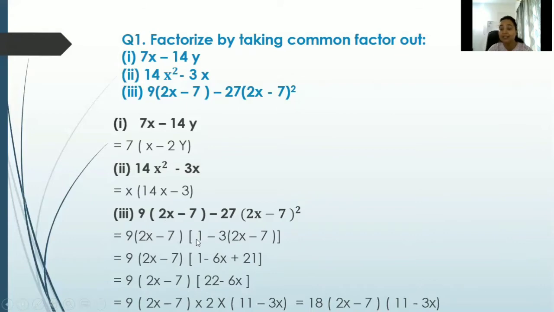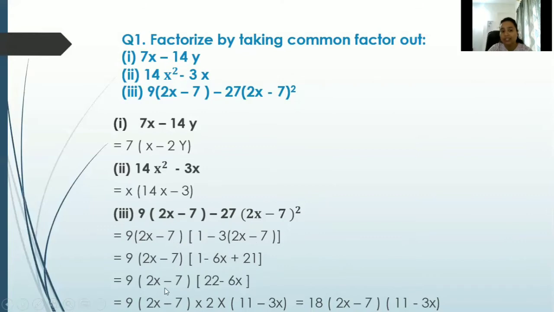Dividing the same term gives 1. Then minus 27: if 9 divides 27, you'll get 3. Here, 2x minus 7 to the power 2 we have, and if one power has gone out, one term 2x minus 7 will still be here.